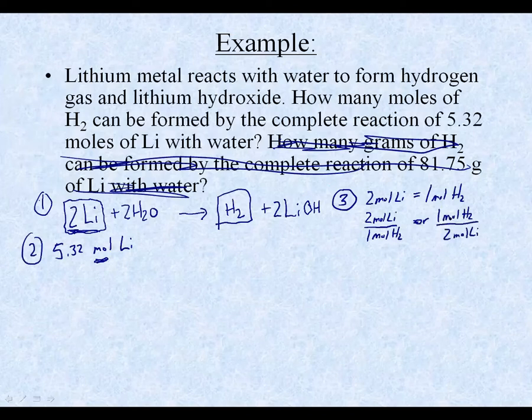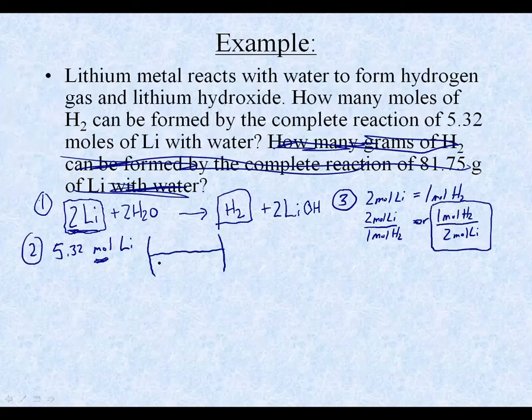So these conversion factors are coming from the equation, and that allows us to do the third step, which is go from what we're given, lithium, to what we are interested in, which is H2. In this case, we would use the conversion factor on the right.